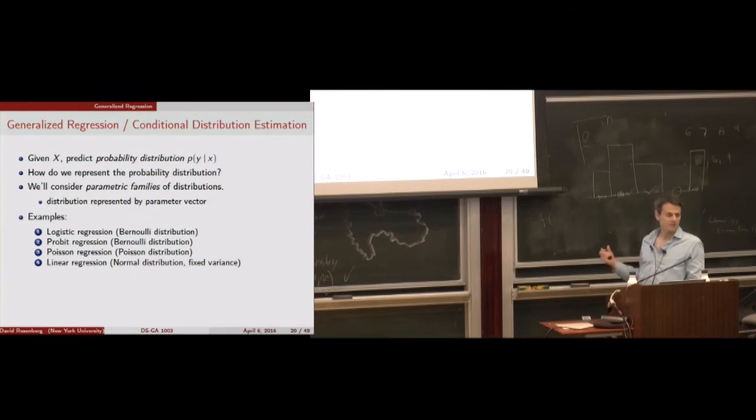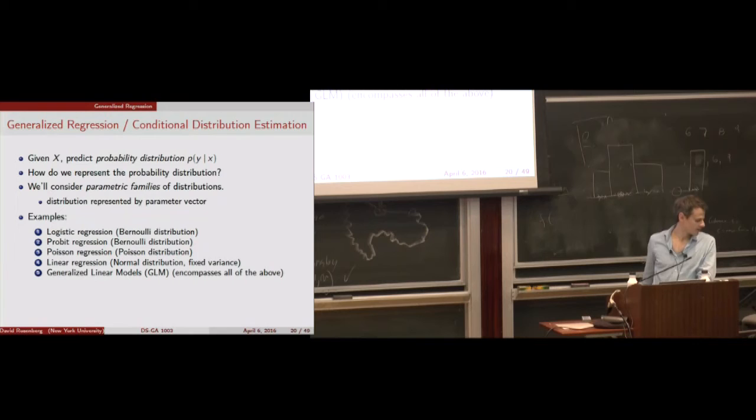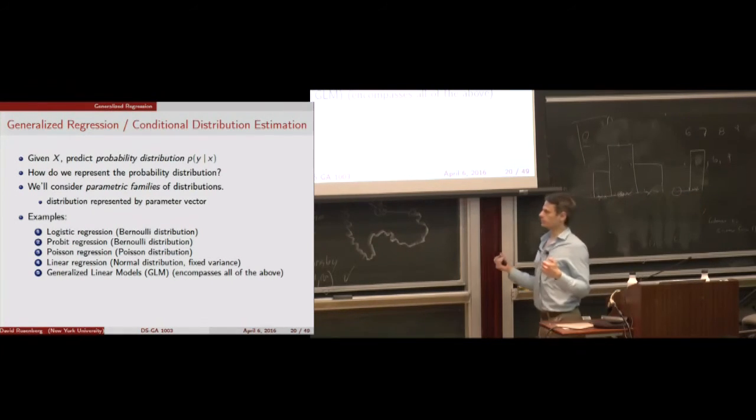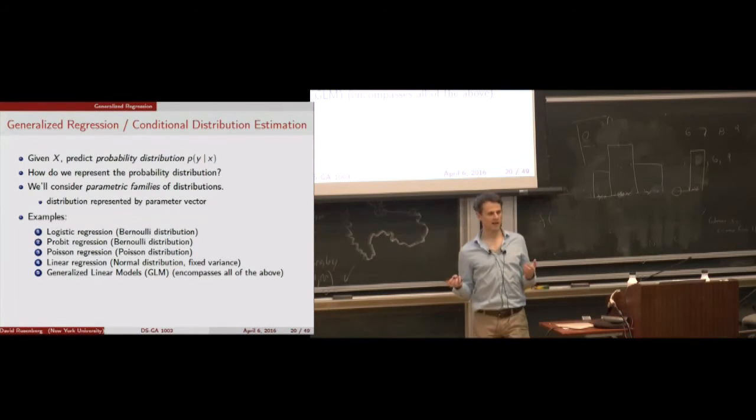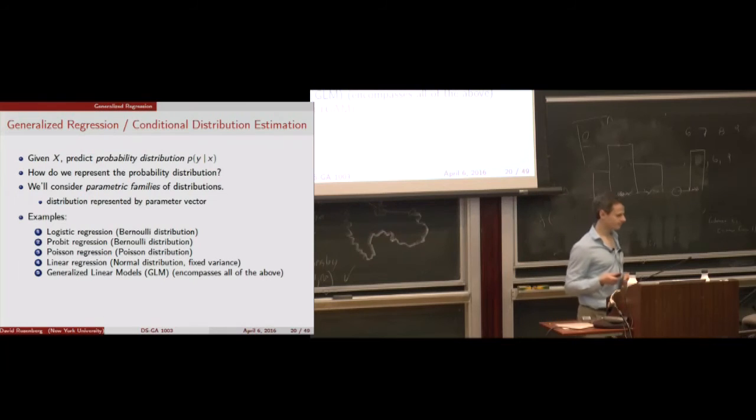Linear regression, in fact, turns out to be a special case where you can look at it as predicting Gaussian distributions with a fixed variance. I think you talked about this in section in lab. All of these four fit into the generalized linear model framework. A lot of times, if you're looking to do these things in a software package, you just look for a generalized linear model, and each of these will be an option.